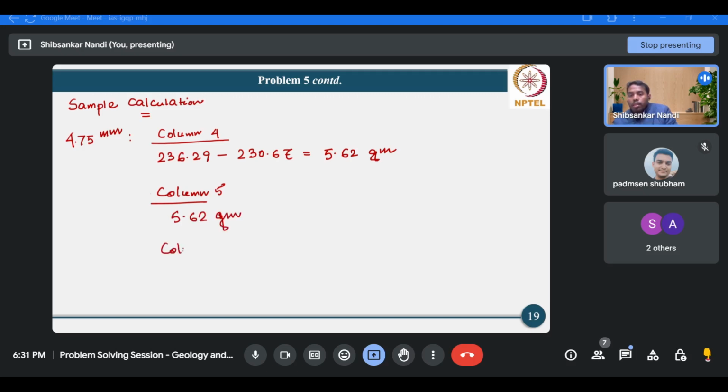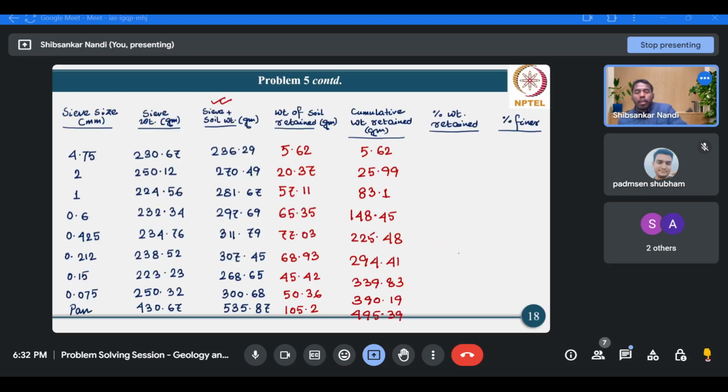For column 6, this will be 5.62 multiplied by 100 divided by 500. So this is the cumulative percentage retained on 4.75 mm sieve. Okay, so 5.62 divided by 5 will give you 1.12%. In this way you can calculate for all other sieve sizes.